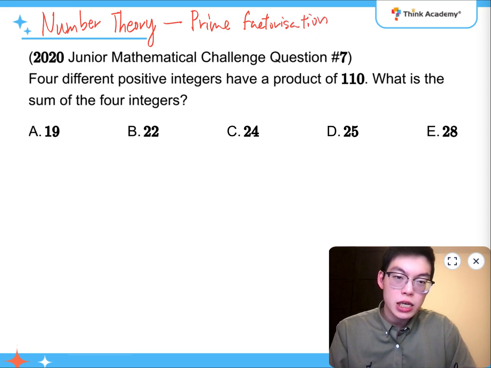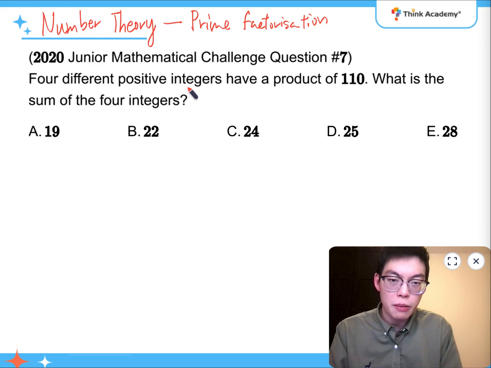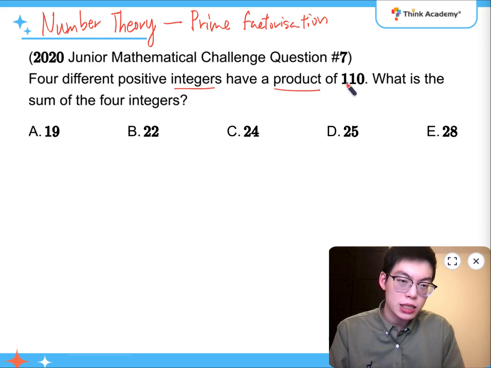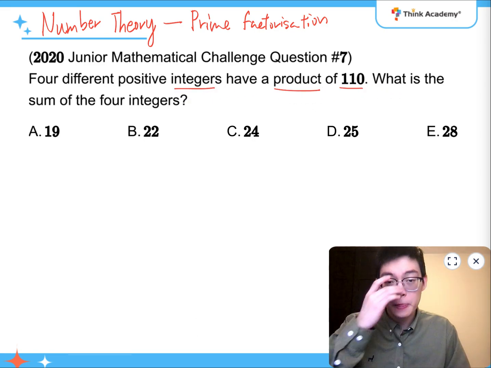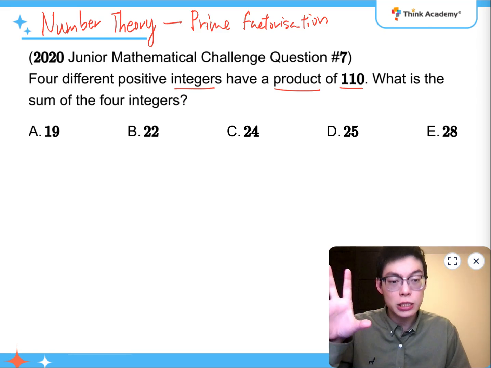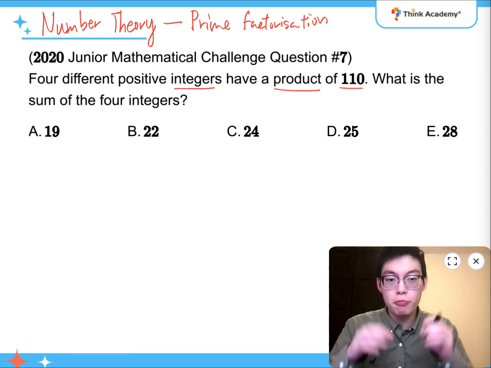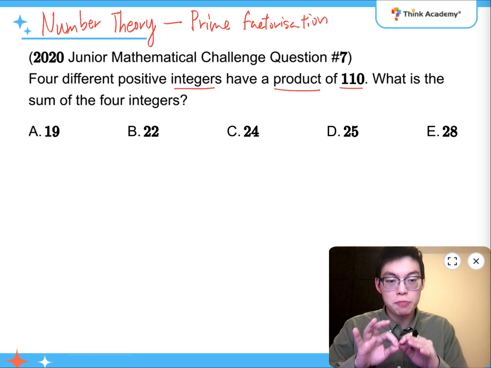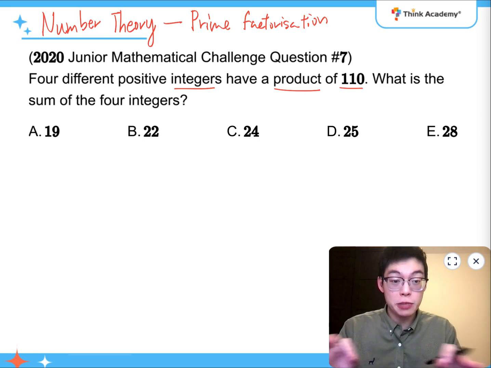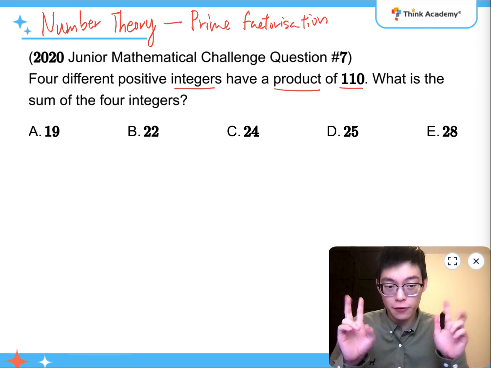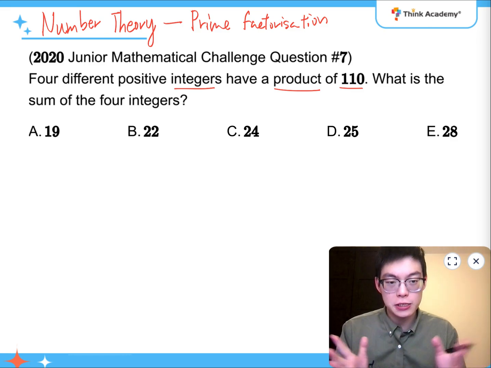So whenever you see questions that are related to numbers having a product of some given number, you can just try to relate that to prime factorization, because prime factorization is going to help us break a number down into its basic, smallest prime components, as the factors.